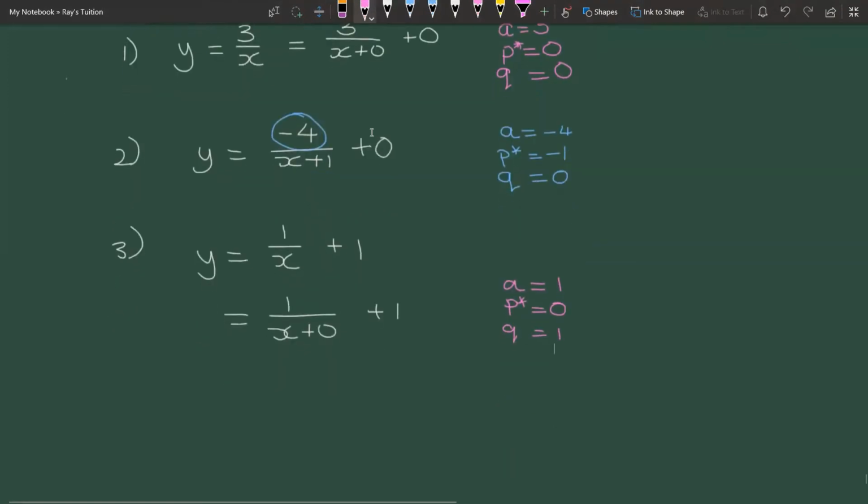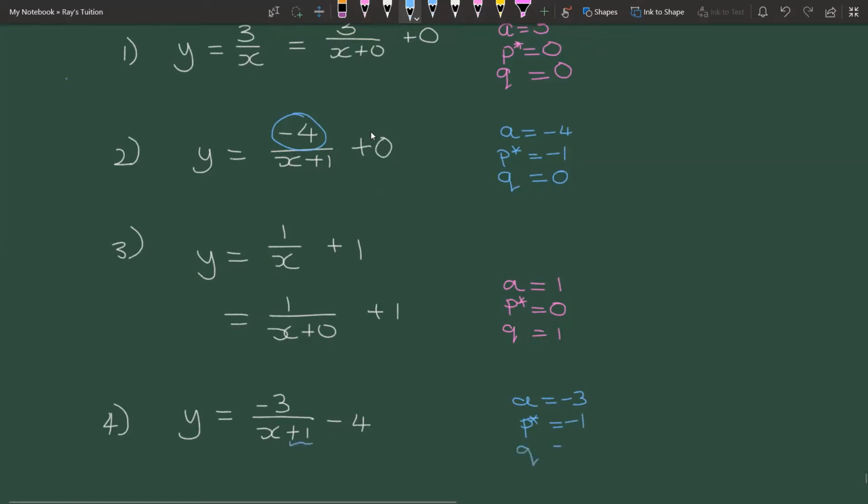Okay, so let's look at 2 more questions. So for the next one, we have y is equal to negative 3 over x plus 1 minus 4. So this one here, we don't have to add any zeros because all of the parameters are there. So we have a being equal to negative 3, p star is equal to negative 1. So p star means change the sign of the p also.